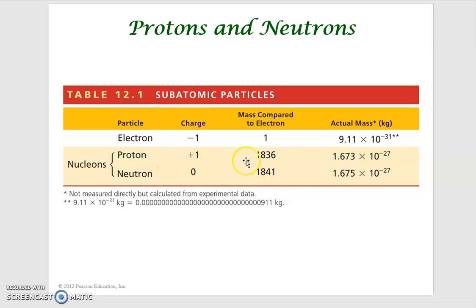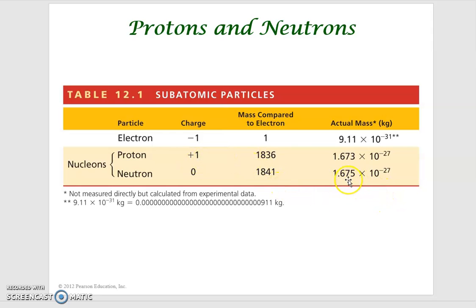Now let's compare the mass between the protons and the neutrons. You can see they are almost the same, but the neutron is slightly heavier than the proton. The simple explanation is that it is due to the charge. Because the particle carries charge, it will have smaller mass.